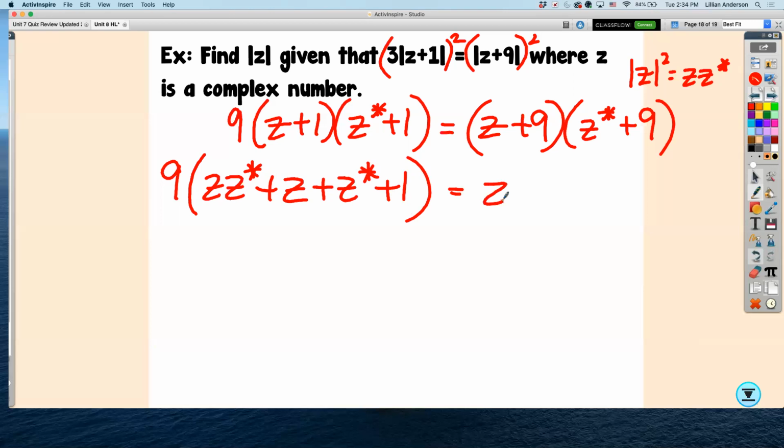On the right, z z conjugate plus 9z plus 9 z conjugate plus 81. I'm going to distribute over that 9 now.